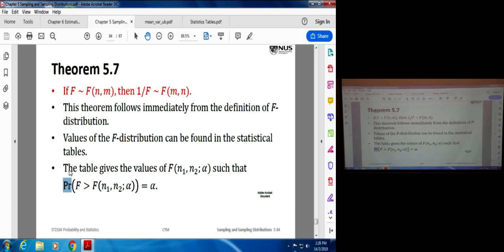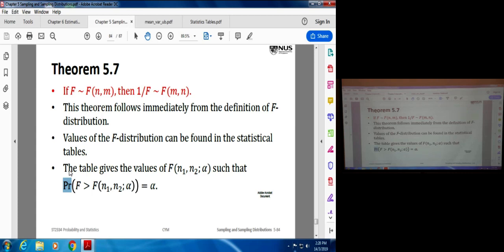Then basically, if this is alpha, this is the area, here is alpha, and this is capital F, N1, N2, semicolon, alpha. This is a graphical representation of precisely the probability that's written at the bottom of the slide. It is just this area.